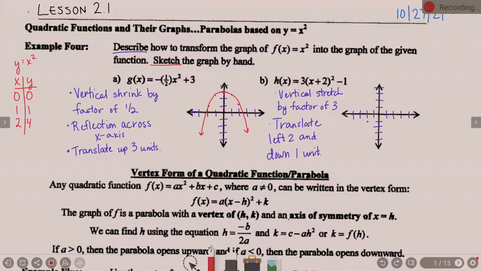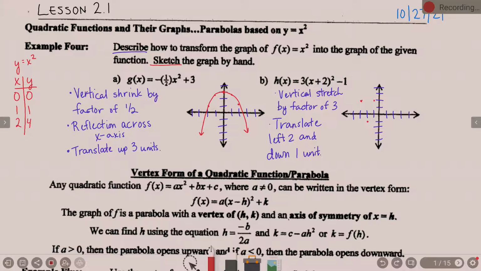Stretch of 3. Instead of going over 1, up 1, a stretch of 3 means we're going to multiply that y value by 3. So instead of going over 1, up 1, we're going to go over 1, up 3. So I'm going to count over 1, up 1, 2, 3, which, because I was 1 below the x-axis, ends up at a y height of 2, right?